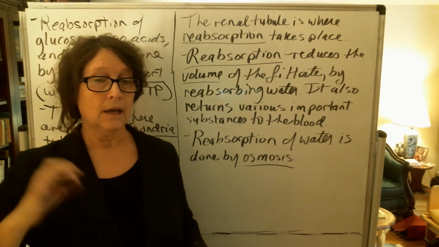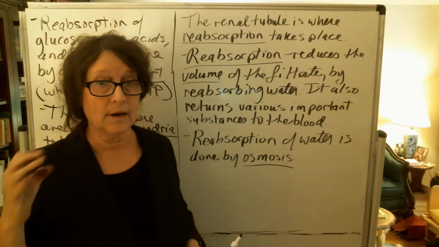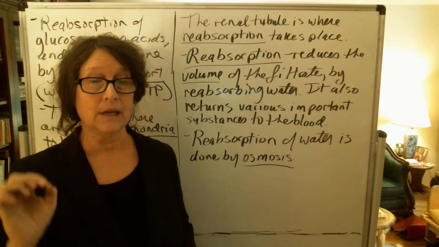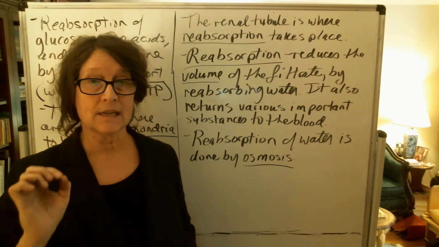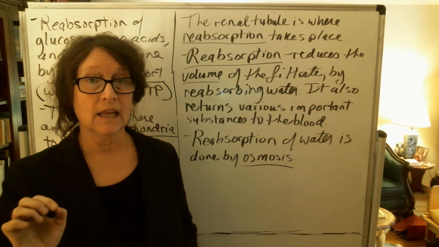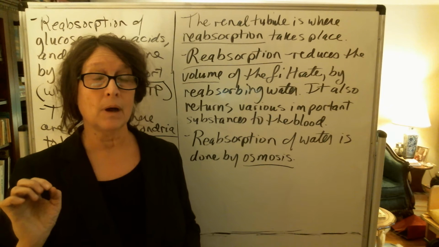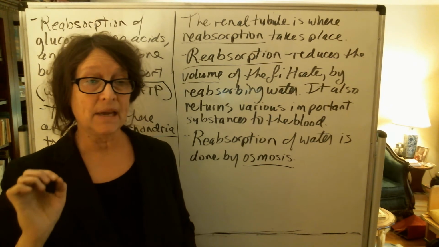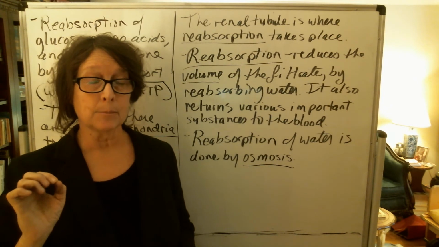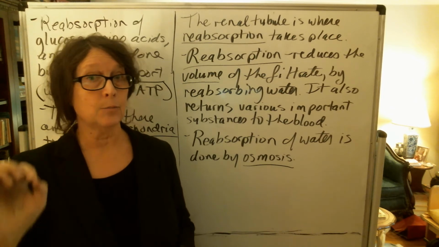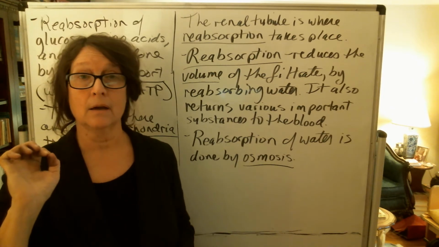I hope you remember that when our bodies make ATP, this is the process called cellular respiration, that most of the ATP that your body makes is made in the mitochondria. So that's then the process of aerobic respiration.